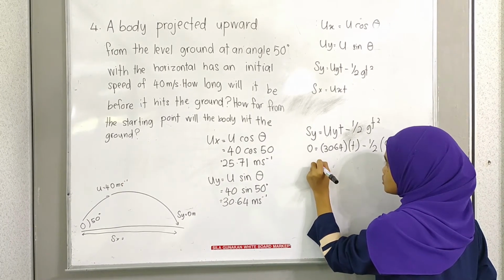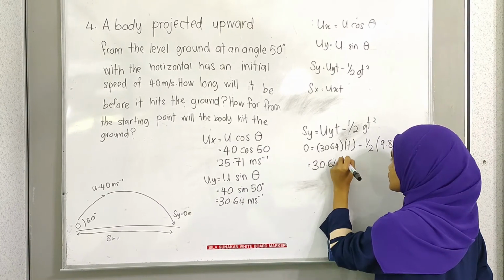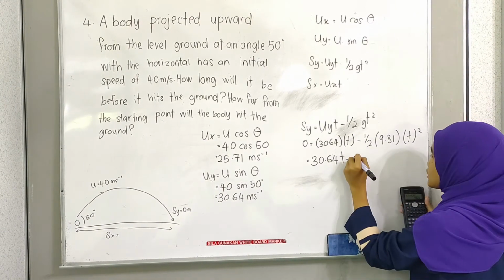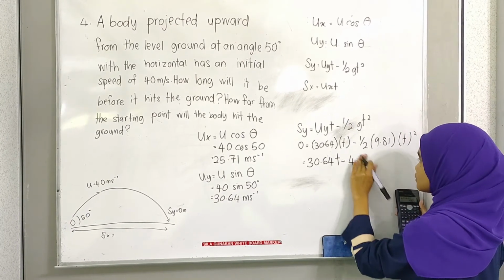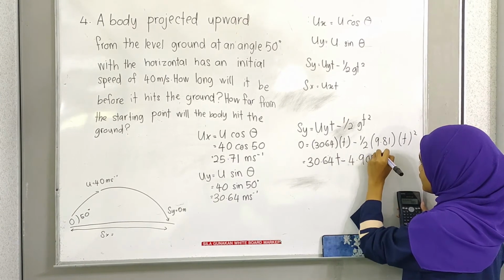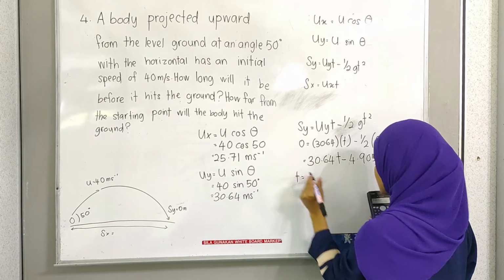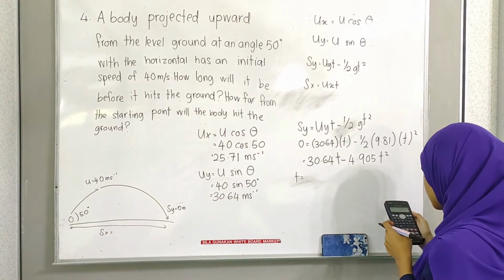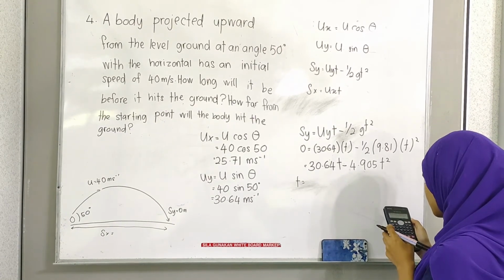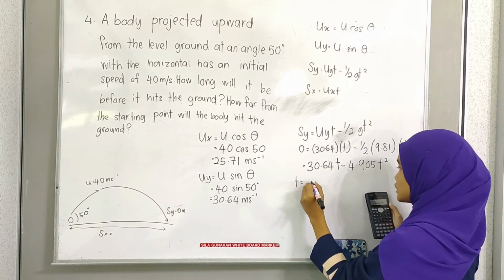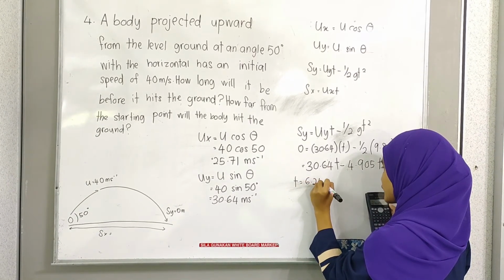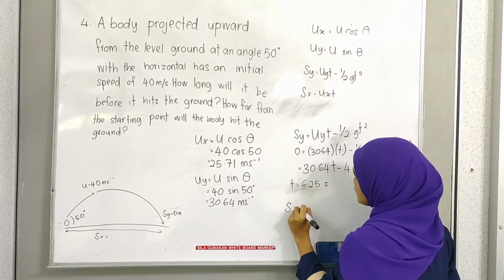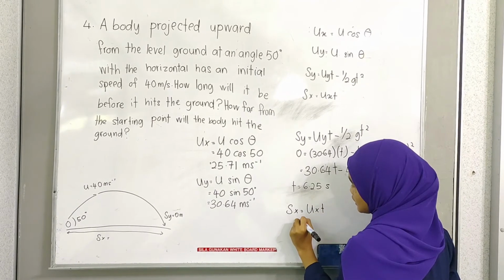Okay, 30.64 t minus 4.905 t squared, which is t is equal to 6.25 seconds.